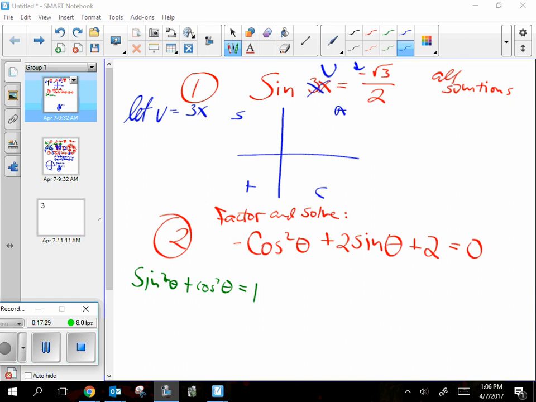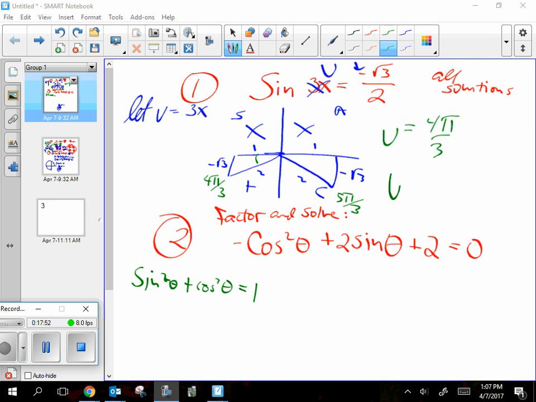So it can't be here, can't be here, and I'd have 2 answers, and sine is opposite over hypotenuse, and this is a pi over 3, so it's 4 pi over 3 and 5 pi over 3.